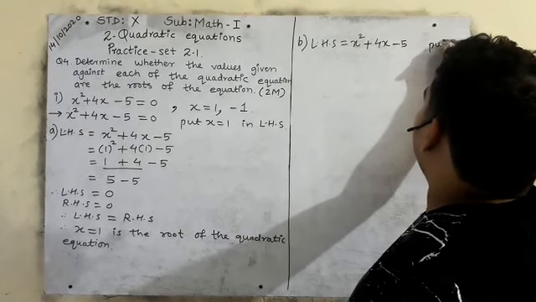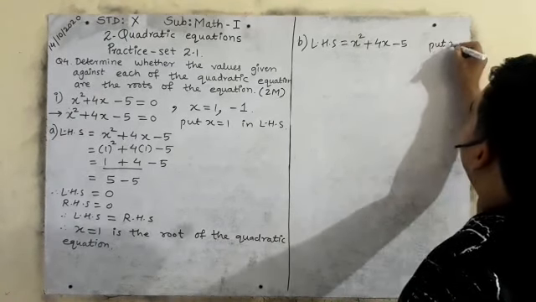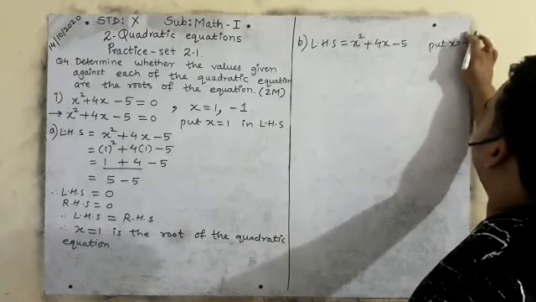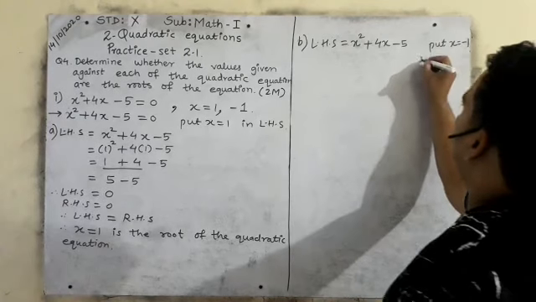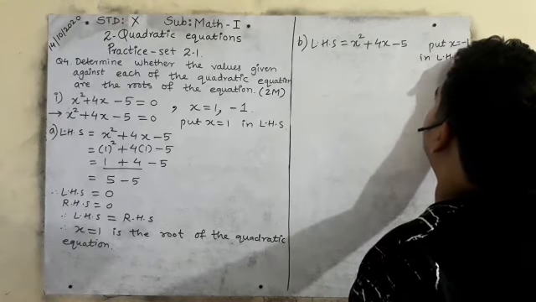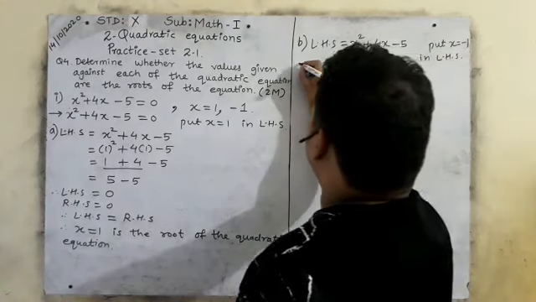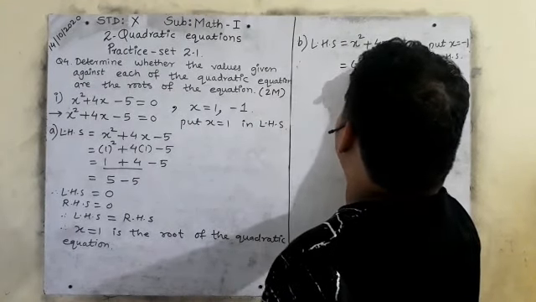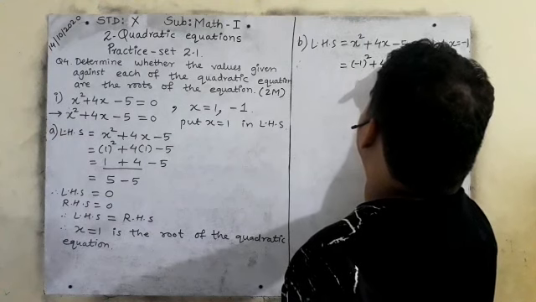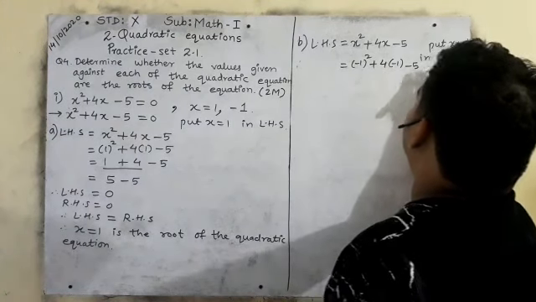Now I will write, put x is equal to -1 in LHS, in the left hand side. So you will write there (-1) square plus 4 into -1 minus 5.